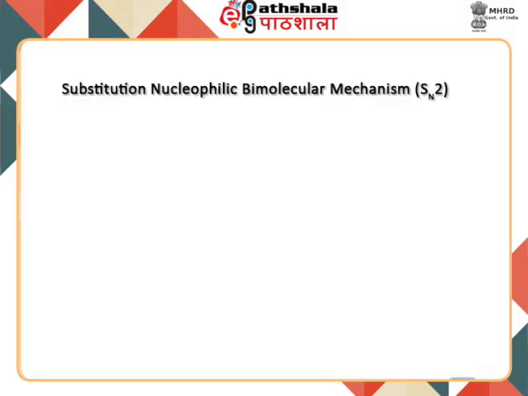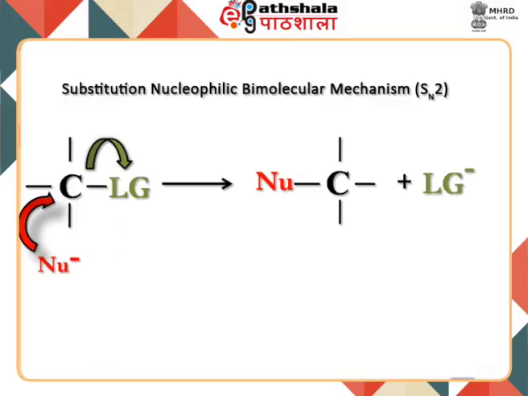Now we come to substitution nucleophilic bimolecular or SN2 reaction. The term SN2 means that the rate of reaction is dependent on the concentration of two molecules. It is a one-step process. The departure of the leaving group occurs simultaneously with the backside attack by the nucleophile.